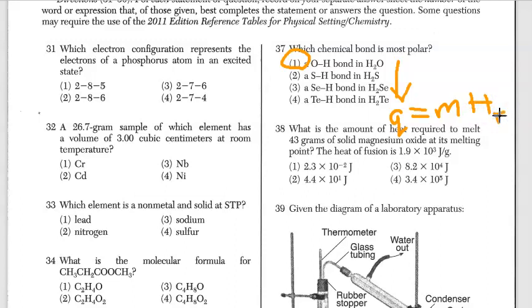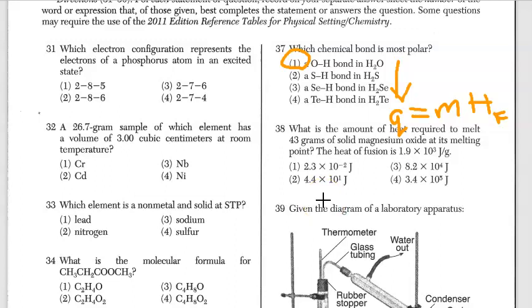Now, all you're doing then is multiplying 43 by 1.9 times 10 to the third. And you'll notice your four answers are given to you in scientific notation. Students would have more of a problem, I think, with that than anything else. So if you have a scientific calculator and you know how to use it, just plug it in.